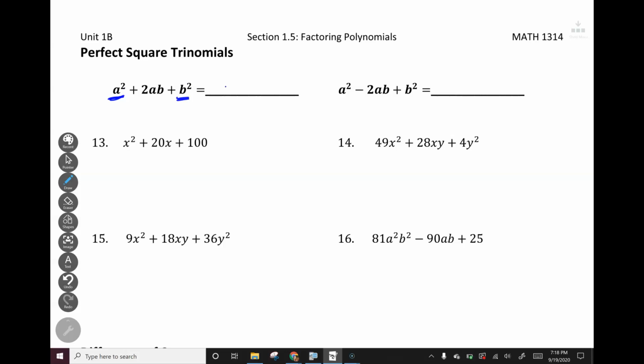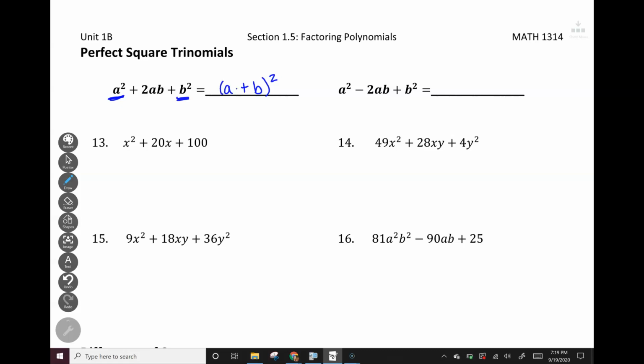Then it will always factor into, and you may actually remember this from our 1.4 part 2 notes where we multiplied these types of polynomials, a plus b squared. I think in those notes I used an x and a y, but it was exactly the same thing.